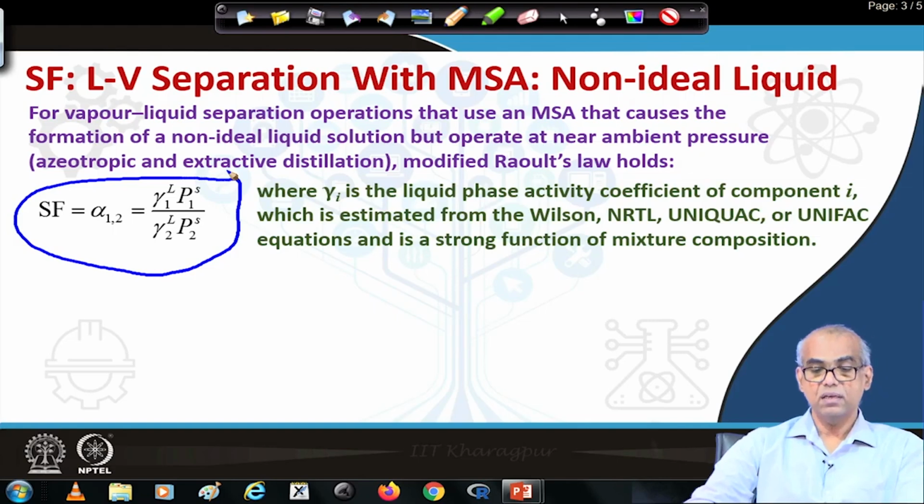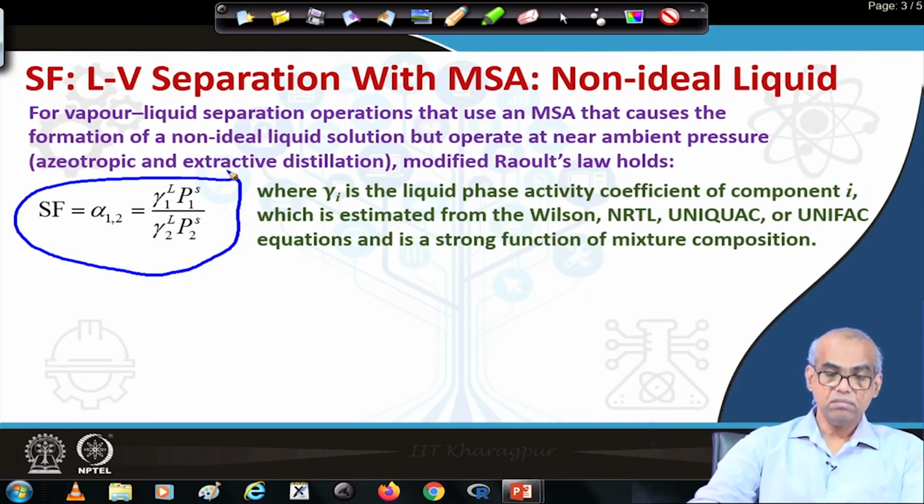So, gamma is the liquid phase activity coefficient, gamma 1 is the liquid phase activity coefficient of component 1, gamma 2 is the liquid phase activity coefficient of component 2, and P 1 and P 2 represent the vapor pressures.